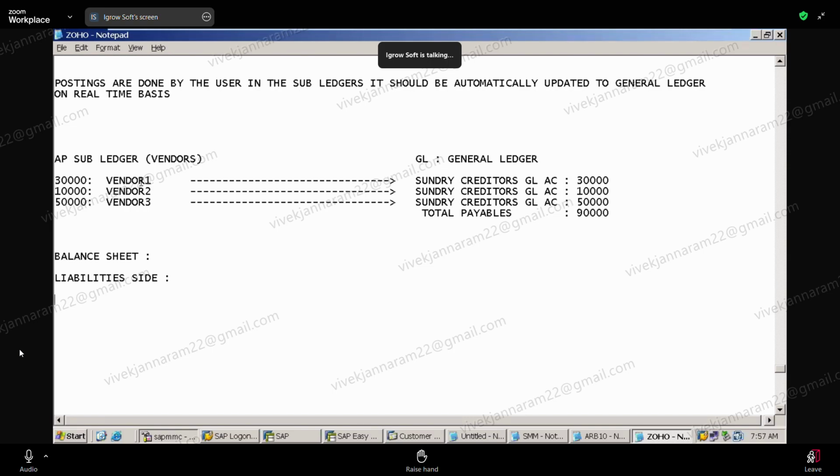That is the process: lakhs of transactions getting posted to thousands of vendors, getting updated to a few GL accounts, getting posted to the balance sheet. You understand the point? Any questions?